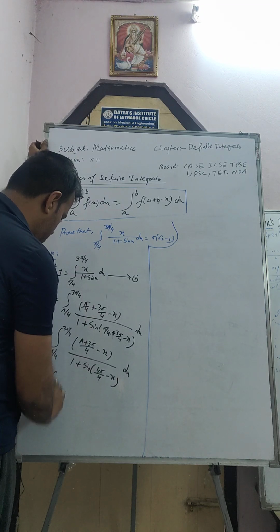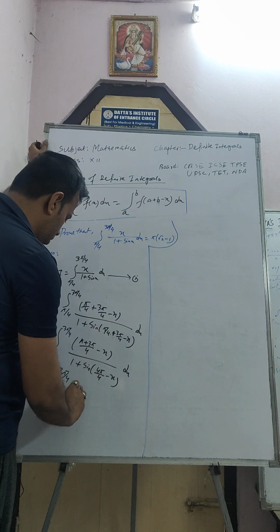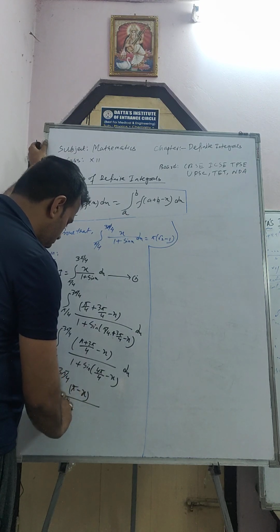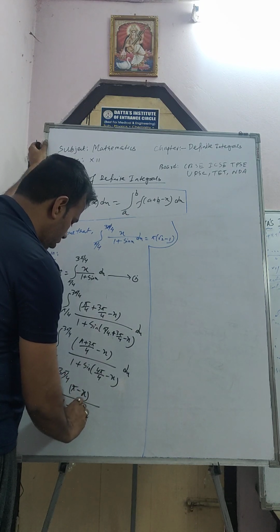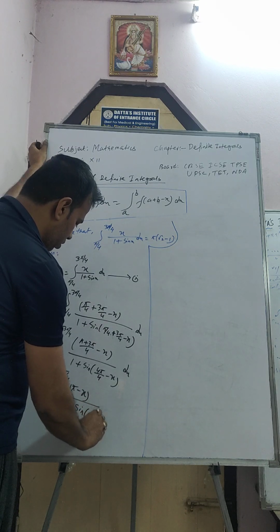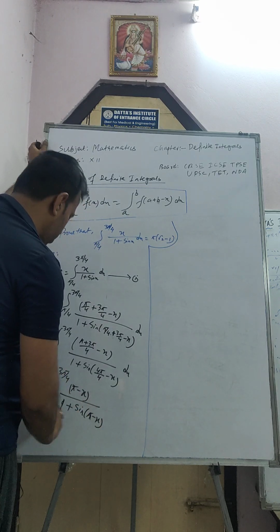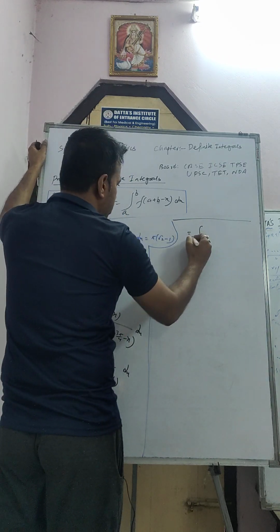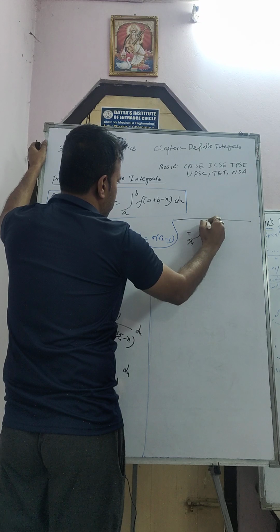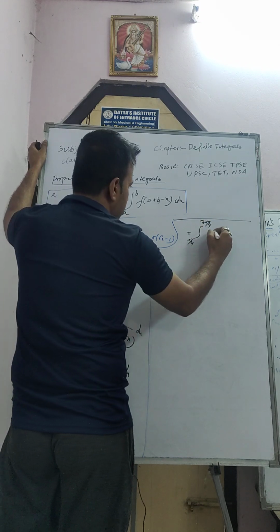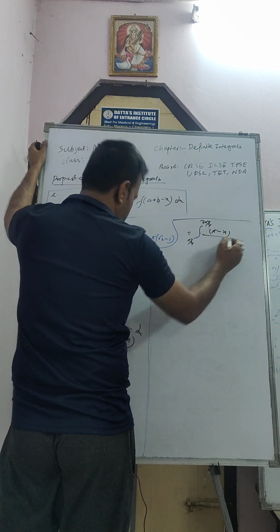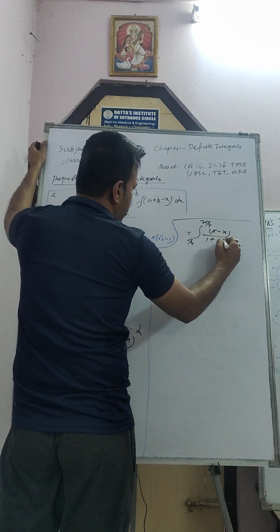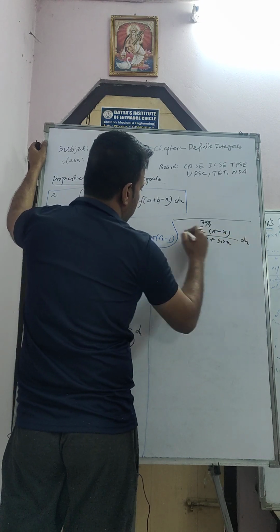So the limits pi by 4 to 3 pi by 4 will become pi minus x, and here also 1 plus sin (pi minus x). Now, integral from pi by 4 to 3 pi by 4 of (pi minus x) by 1 plus sin x dx.